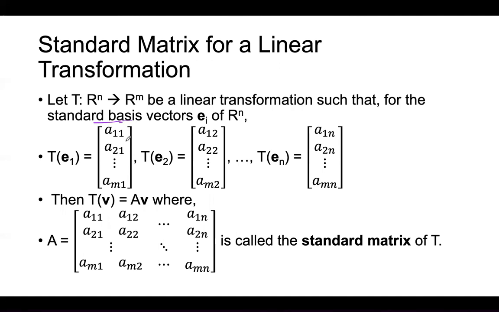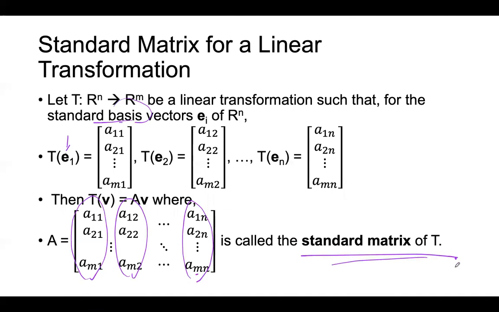You can actually change the basis, but suppose here it's standard. So for these elementary vectors, the transformation of the first one is A11, A22, and so on. These are the transformations, so we can put them into a matrix like this, and this is called the standard matrix of T.